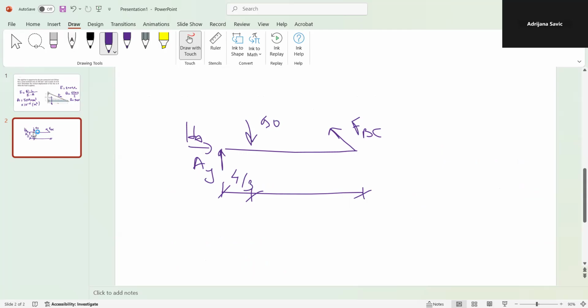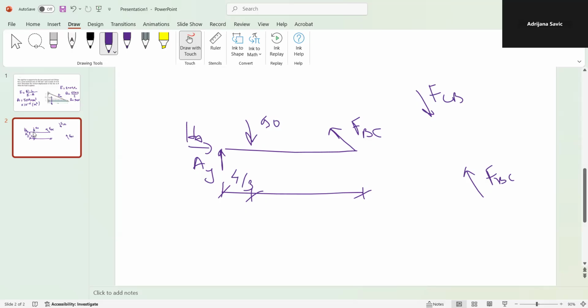We have the force from B to C, and we can say that this is equal to the force at the end from C to B. Why? Because we have a bar which doesn't have any load, and using the method of joints, we know that this type of bar can be subjected only to compression or only to tension, and both forces need to be equal.